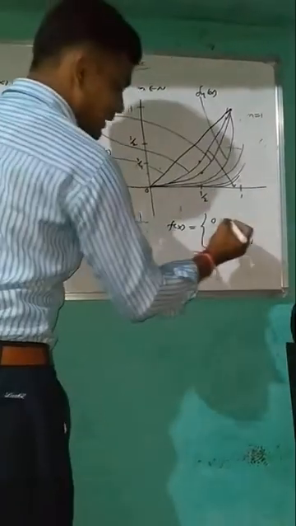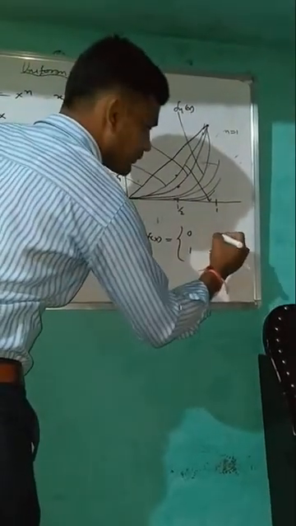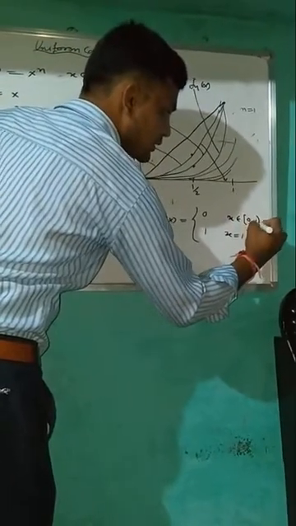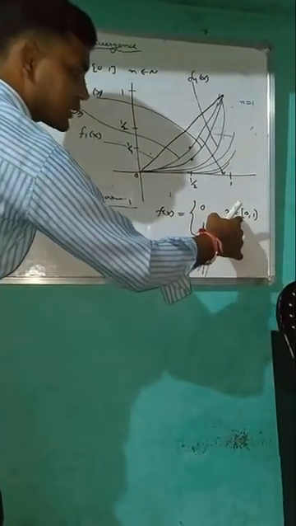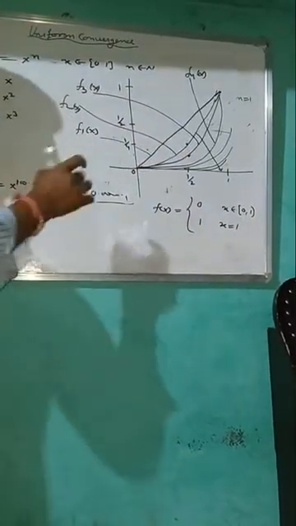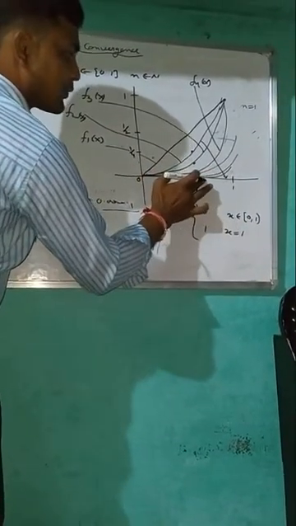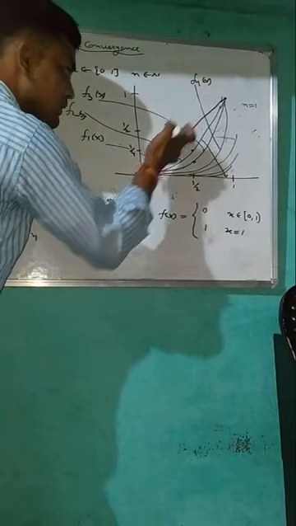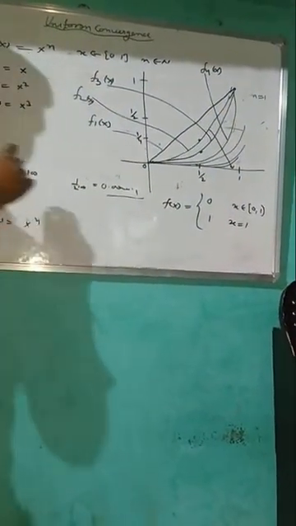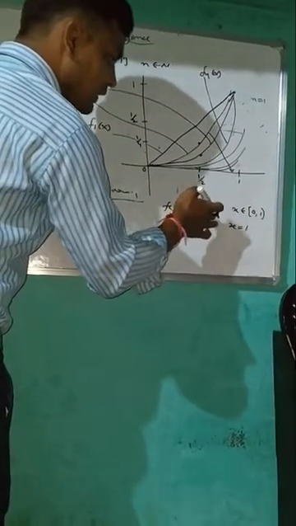And when x belongs to 0 to 1, closed on one side and open on the other, when you approach 1, it is always 0, because for all these functions the limiting function is 0, and for this function the limiting function is 1. Clear? It means the limiting function has two values, one is 0, the other is 1.